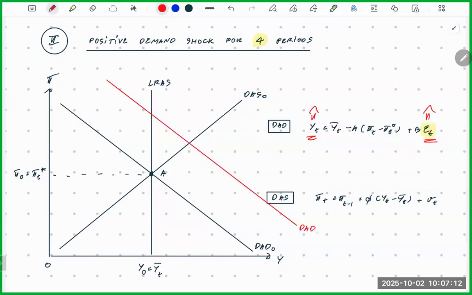This is DAD day 1. The period, 1 period is like 1 day. DAS is still the same, 1. Equilibrium point changes from A to B.